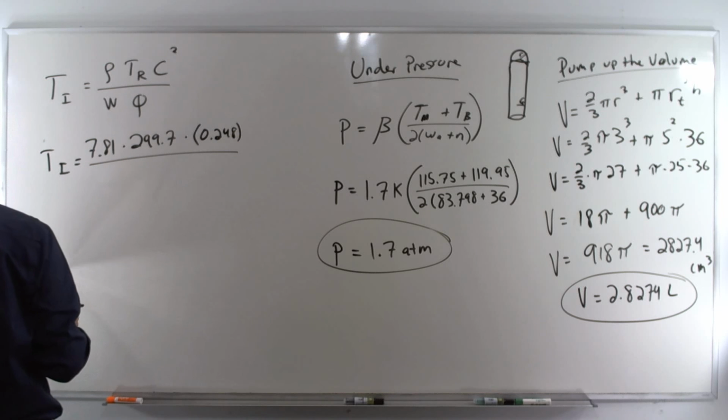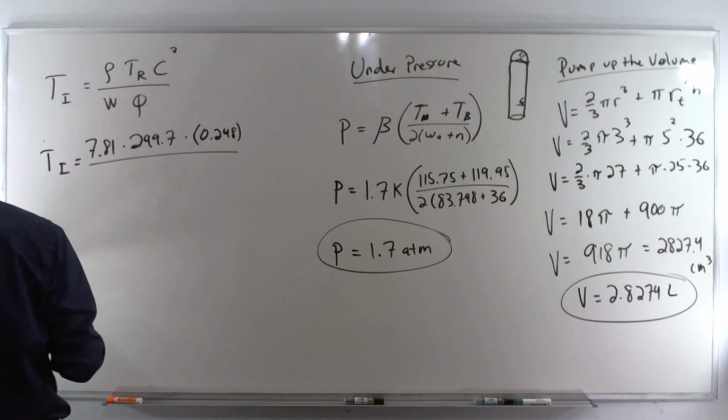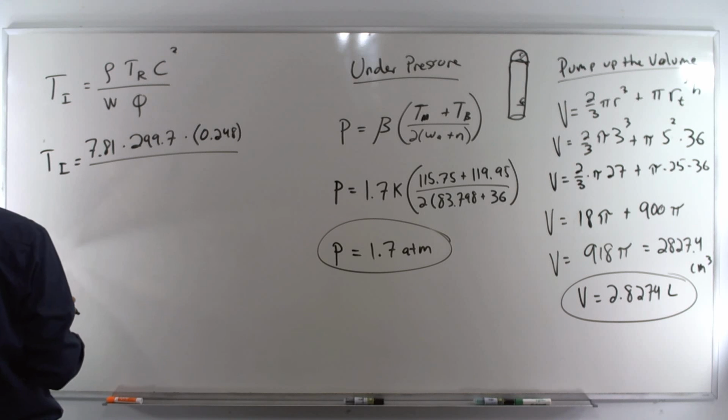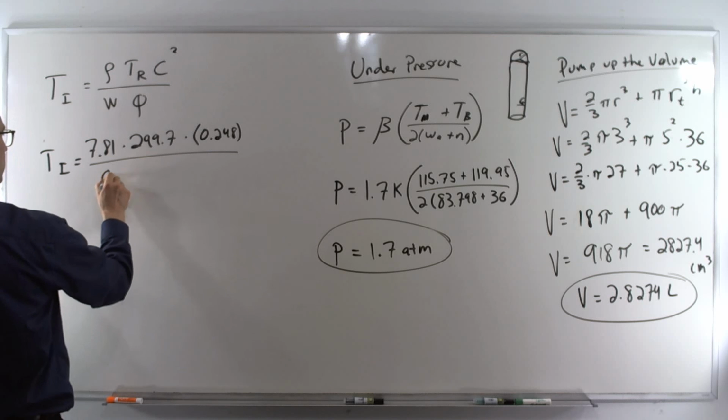And then we'll divide by W, the thickness of the walls in centimeters. From the description, we got 0.42 centimeters.